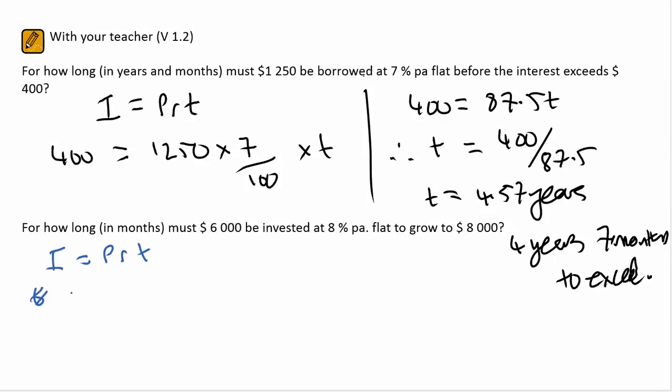Now, if you're going to grow to 8,000, that tells me the interest is equal to 8,000 take 6,000, which is 2,000, which I'll put into the equation.